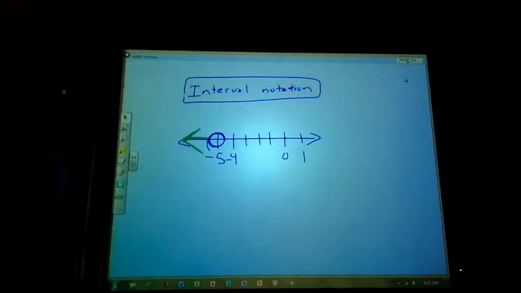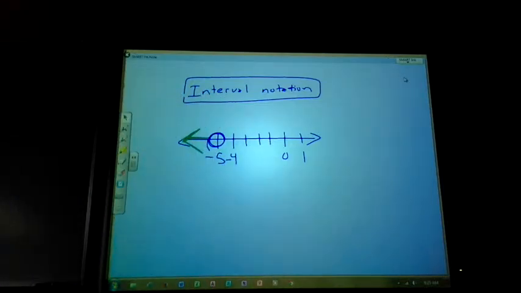What would that mean? Do I want numbers bigger or smaller than -5? Smaller, okay. So I want like -6, -7, -8, -9. With it being an open circle, do you think I would include -5 or not?